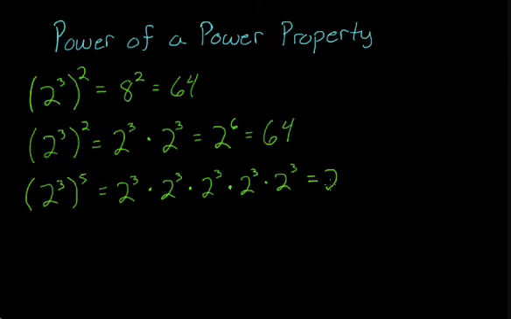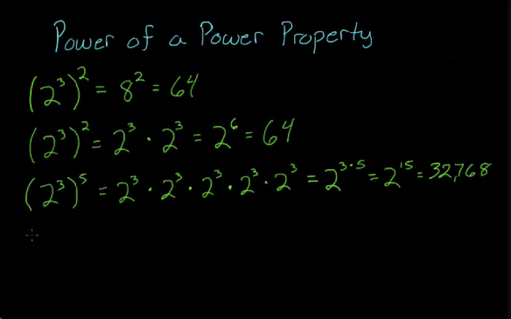Another way of expressing this is we have 2 to the 3 5 times, or 2 to the 3 times 5, which is just 2 to the 15. And if you want to get a value, if you use your calculator, that evaluates to 32,768, which isn't really important right now, but it's always good to simplify your terms.